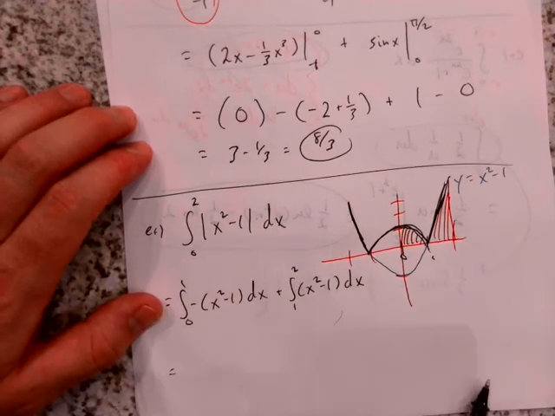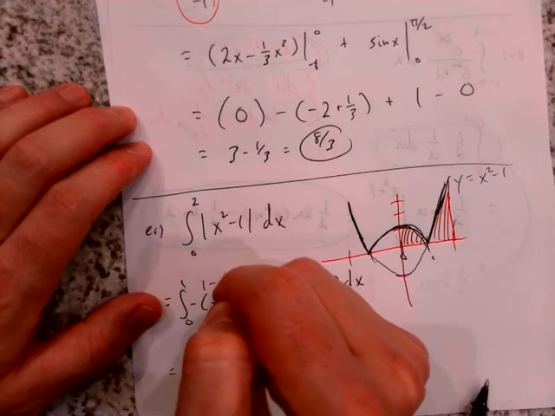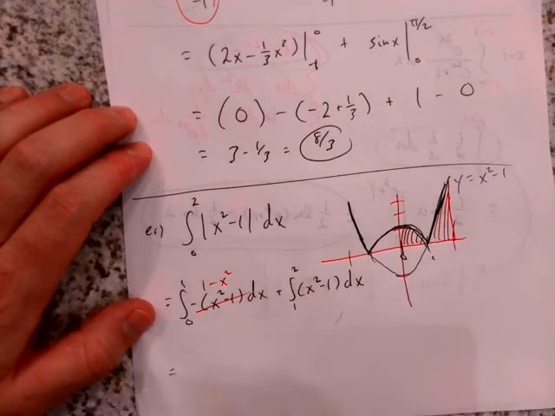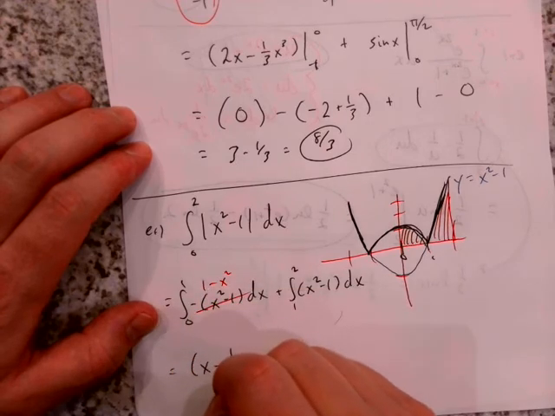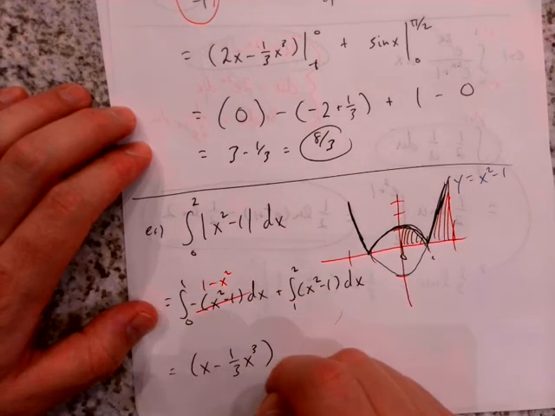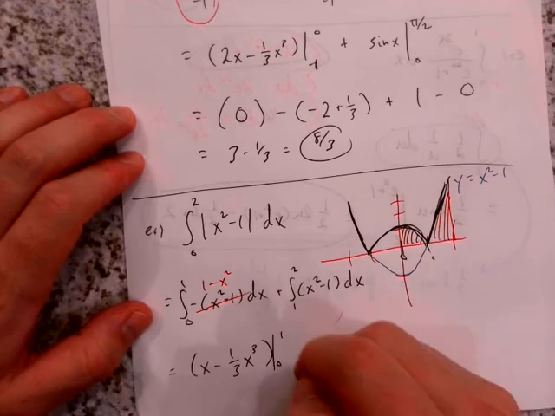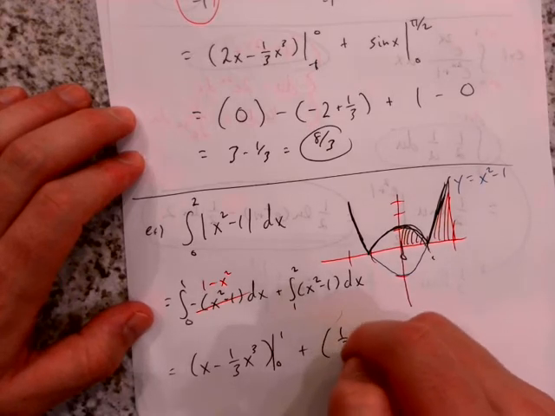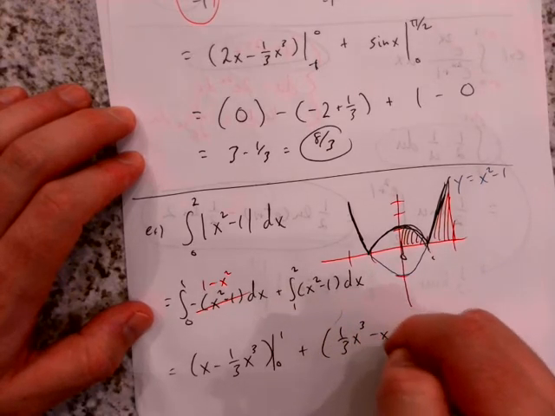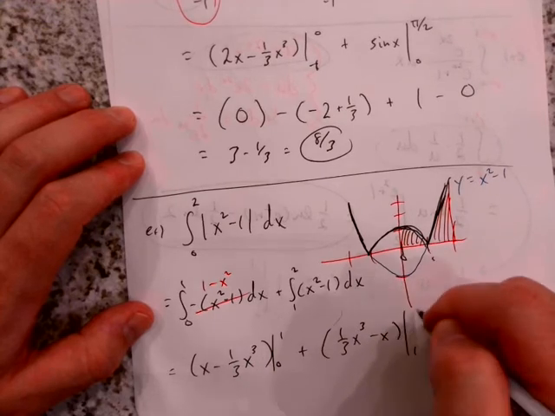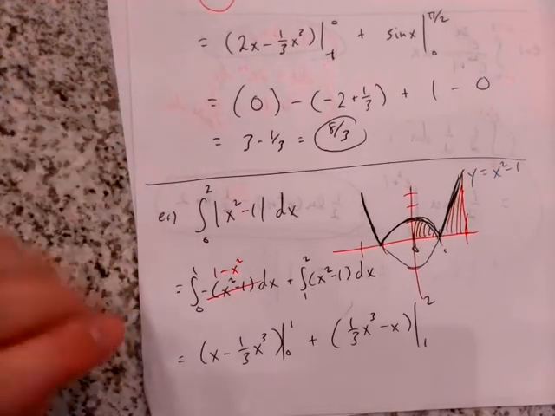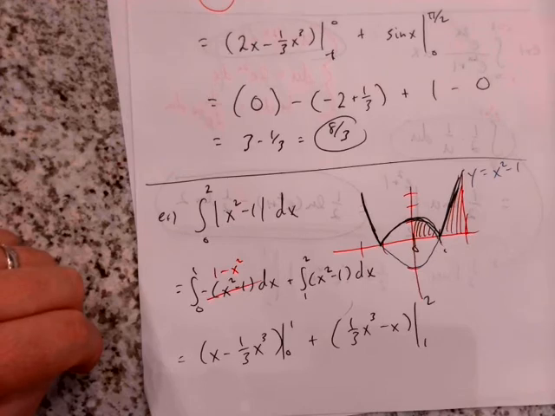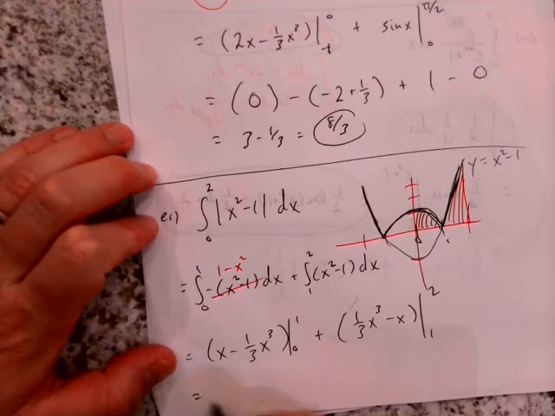This, when you multiply that negative sign through, is 1 minus x squared, and so it integrates to x minus 1/3 x cubed from 0 to 1, plus 1/3 x cubed minus x from 1 to 2, and you plug that in and you get your answer. I guess I'll do it all the way out.